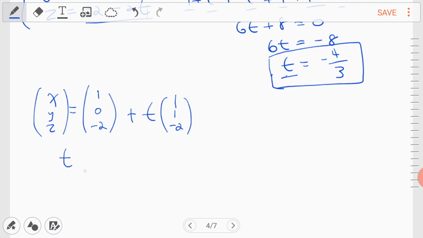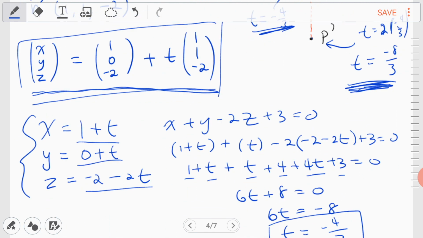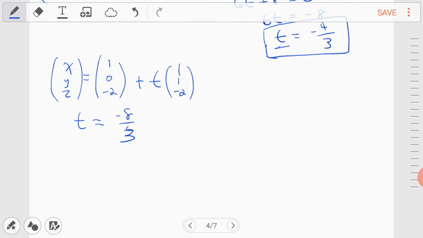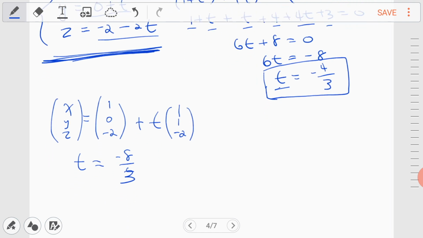With t equal to -8/3, we can find the coordinates x, y, and z for the point P'. Actually, we can just use the parametric equations that we already created.